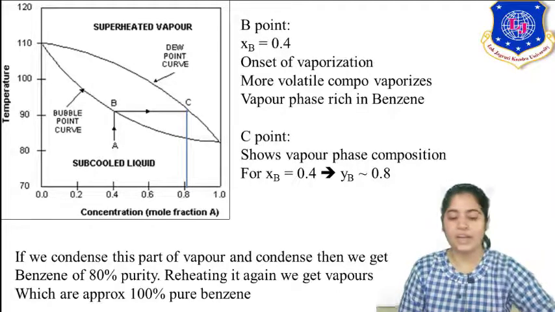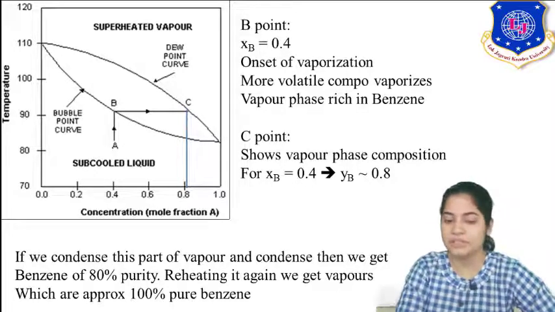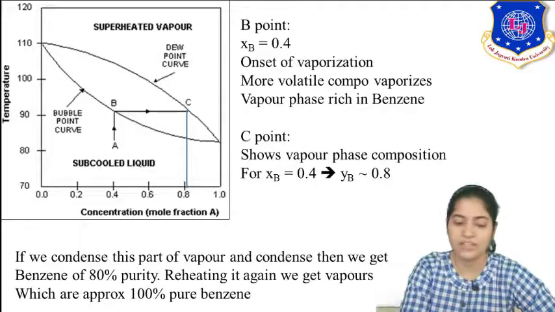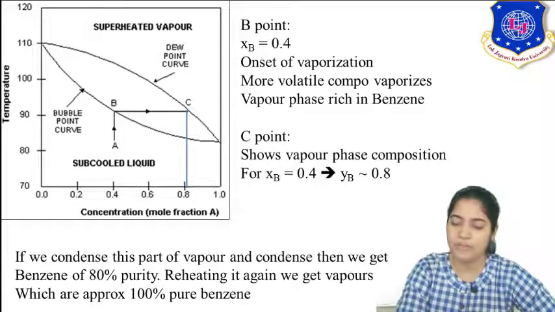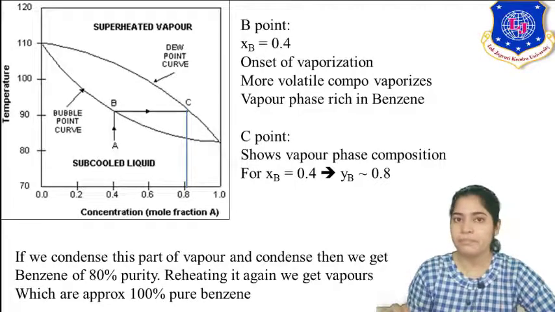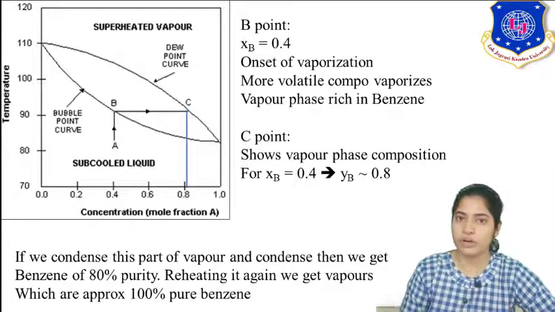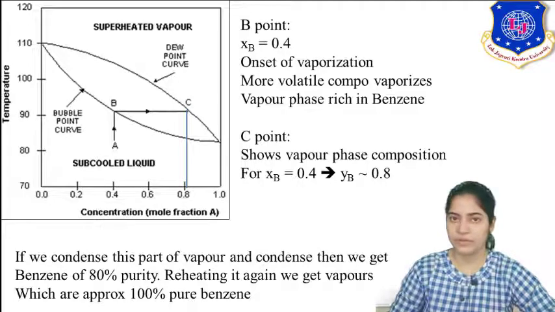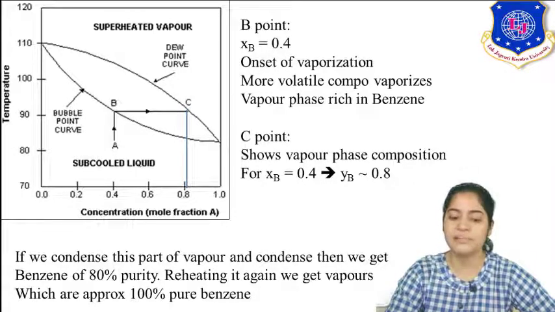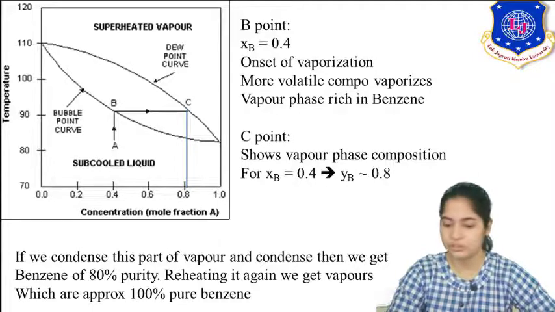Now, if we condense this part of the vapor, the vapors which I got when I heated my mixture to B point and continued the heating, they were rich in benzene. Now if I condense this part of the vapor, it will get liquefied. Now I have liquid benzene with composition of 0.8. I have enriched my benzene. On condensation of these vapors, I get benzene of 80% purity.